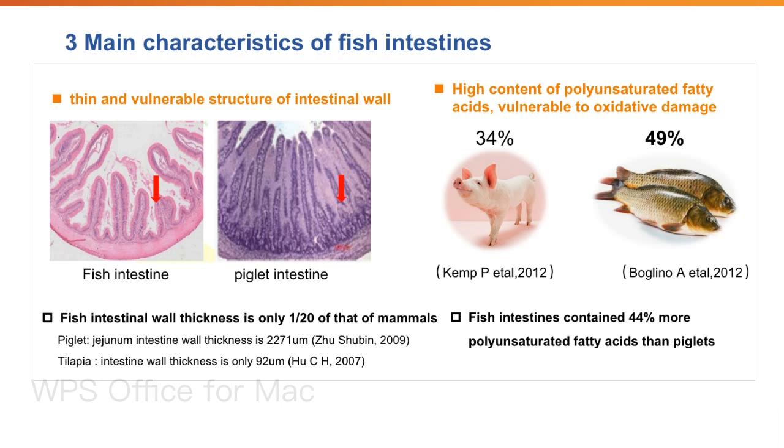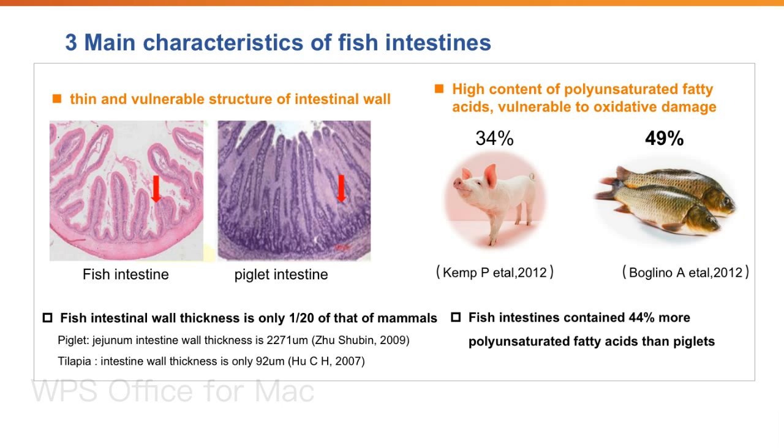The second is the high content of polyunsaturated fatty acids in the aqua intestine, which is vulnerable to oxidation damage. The content of polyunsaturated fatty acids in the intestine of aqua is much higher than that of land animals, such as piglets and carp.